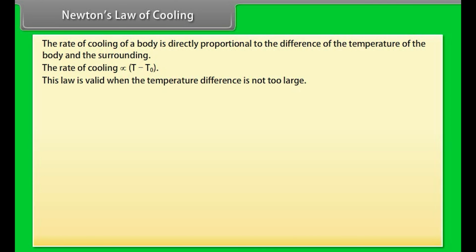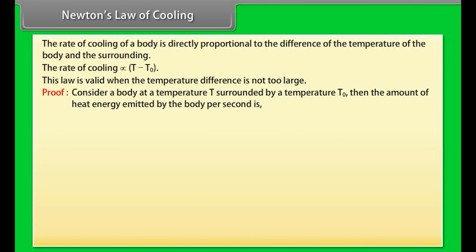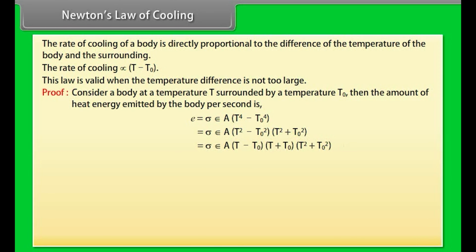Let's see the proof. Consider a body at a temperature T surrounded by a temperature T0. Then the amount of heat energy emitted by the body per second is E = σA(T - T0)(T + T0)(T² + T0²).